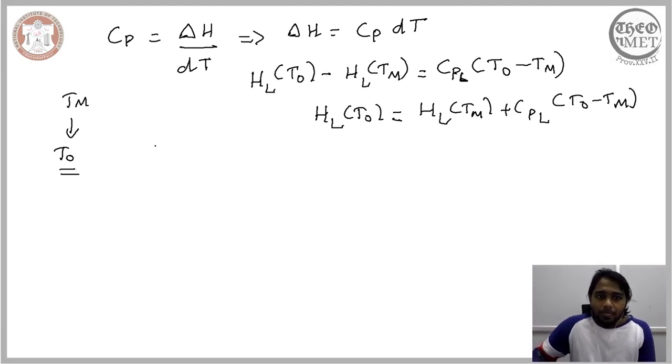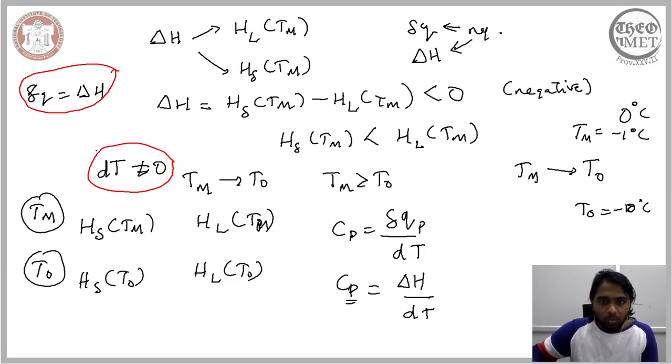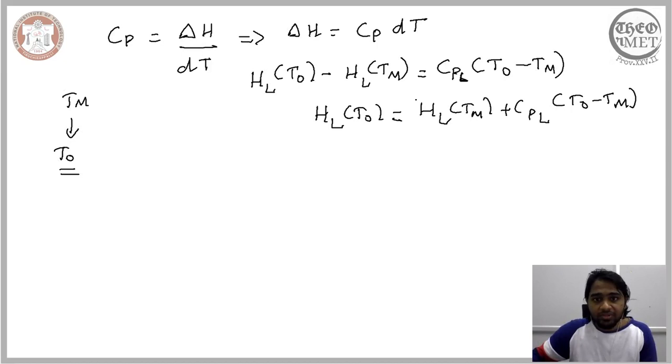In order to arrive at a similar relation and understand the enthalpy of solid at T0 and enthalpy of liquid at T0, we begin with the consideration of enthalpy of liquid at Tm and similarly enthalpy of solid at Tm.